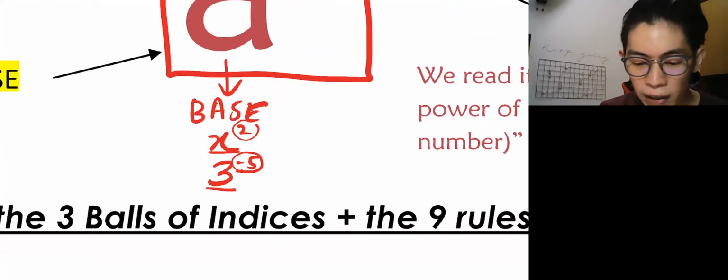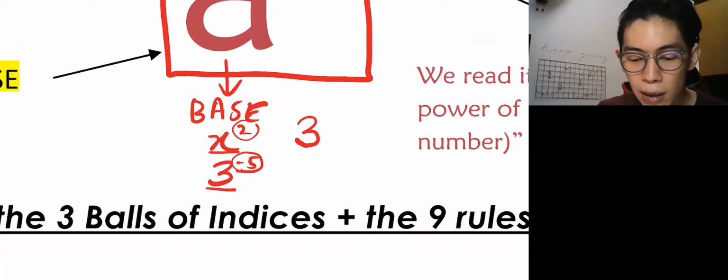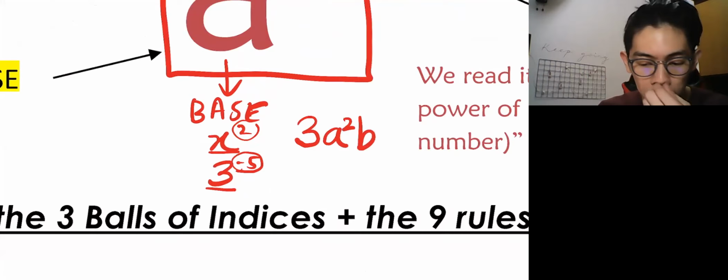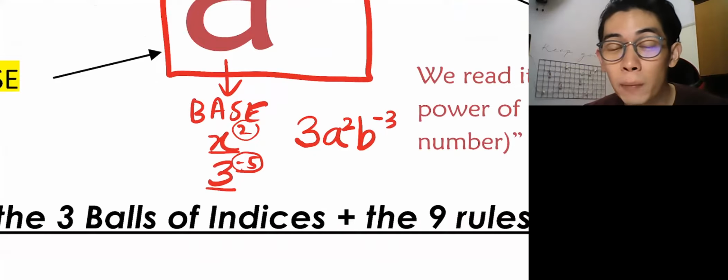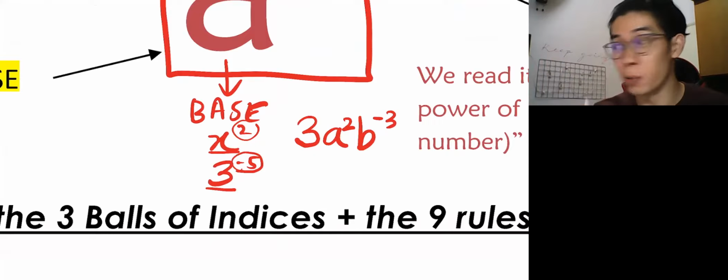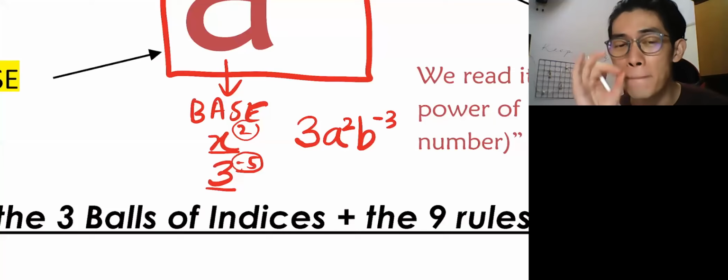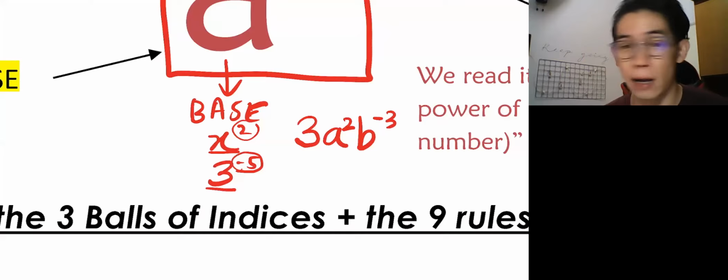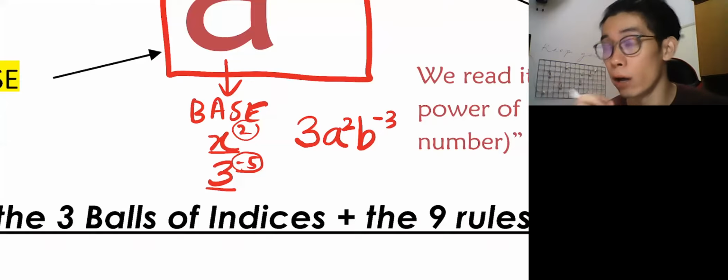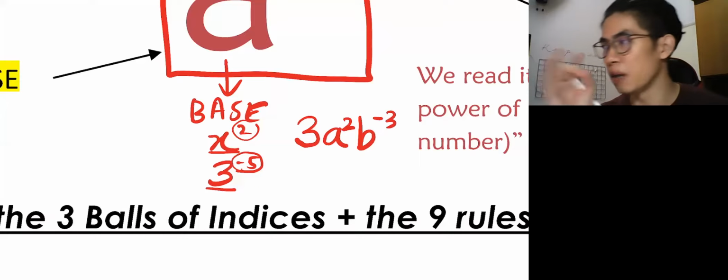Okay, everyone, if I give you 3a squared b power -3, for example, can you tell me how many base are there? I will see a lot of errors on it. Not bad. I see correct answers. I repeat, how many base are there? Base can be a number, can be unknown.